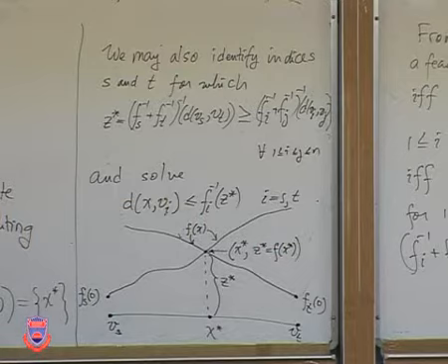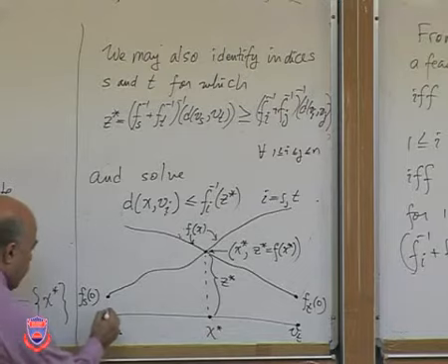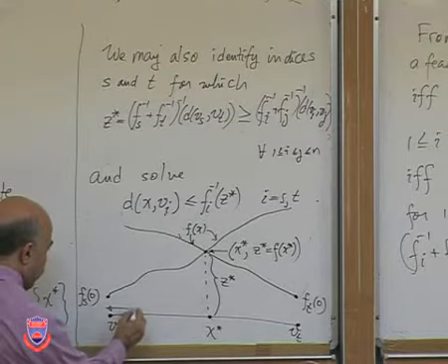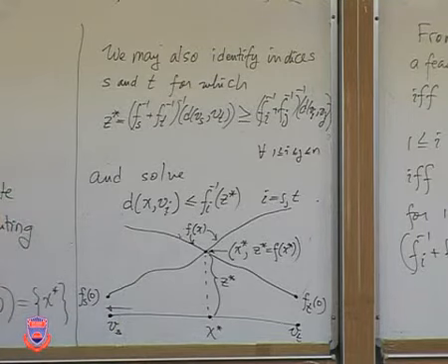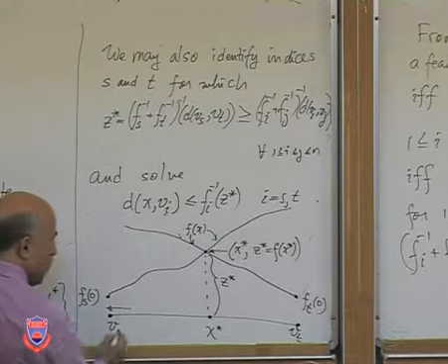And so all you have to do is, how much is this distance now? That portion will be the distance between S and x star, but how much will that be?